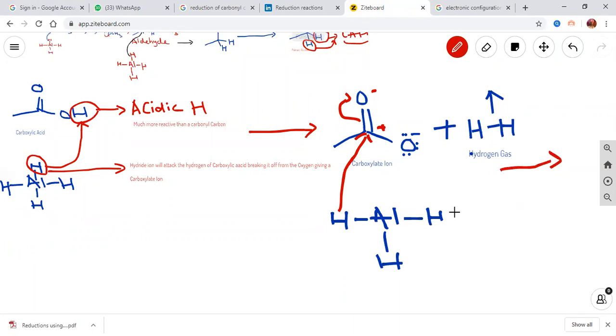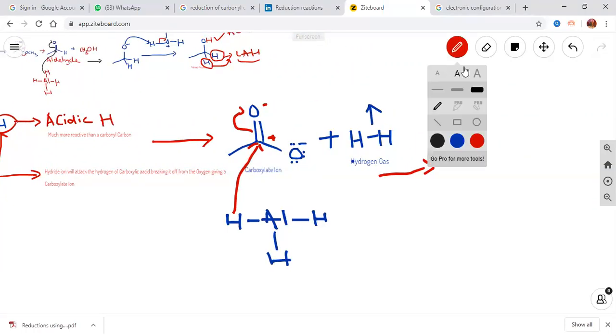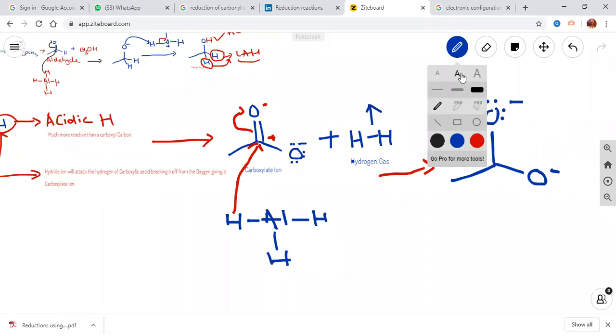So what do we get? One oxygen with an extra pair of electrons and a negative charge, this one already there with the negative charge, and one hydrogen from the aluminum hydride.